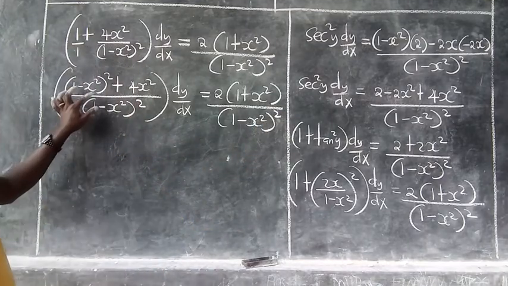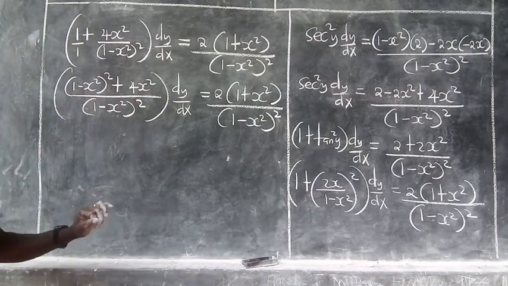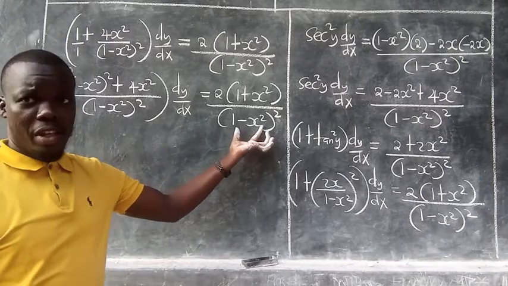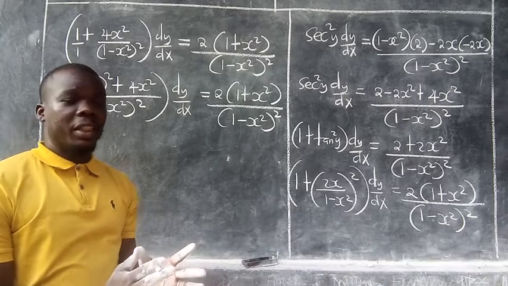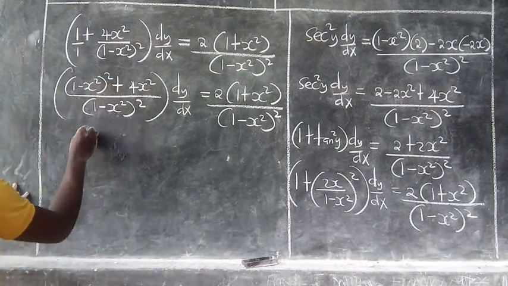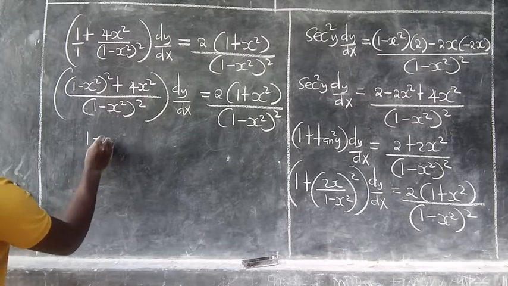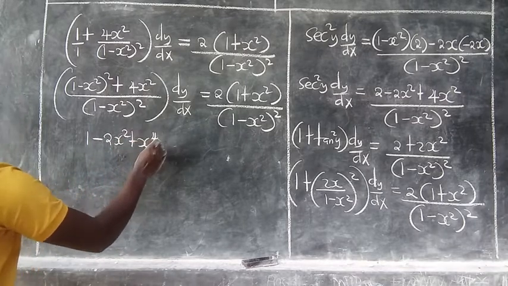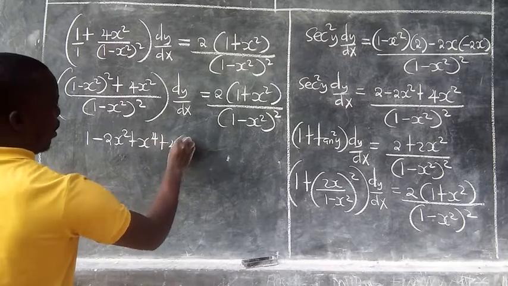So when we now look back here, we can realize that the denominator we have here is the same as the denominator we have here. So they can cancel out. So that one will remain with 1 minus x squared but squared, which can be expanded to give us 1 minus 2x squared plus x power 4. Then plus our 4x squared.